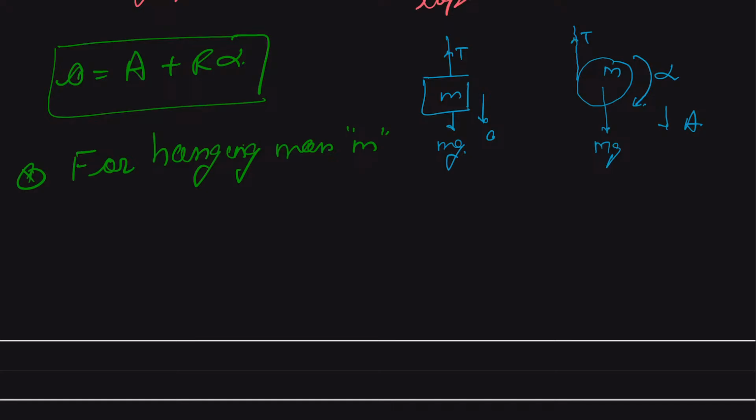So we can say that mg minus T is equal to mass into acceleration. Now the disk is having two types of motion. One is translational, the other one is rotational. It is moving downward as well as it is rotating.